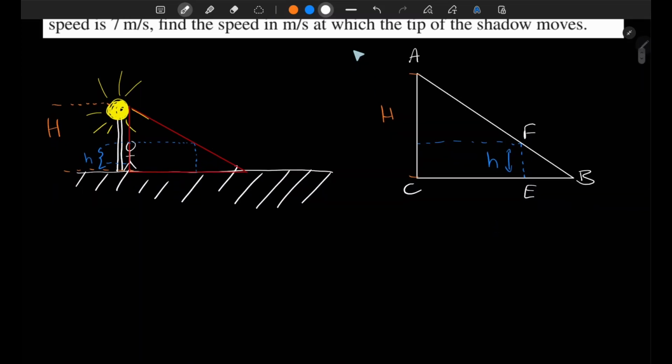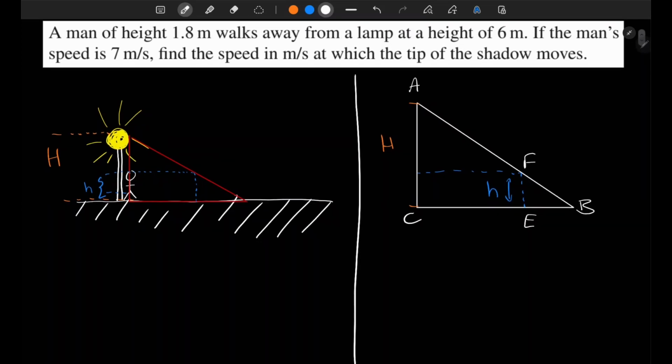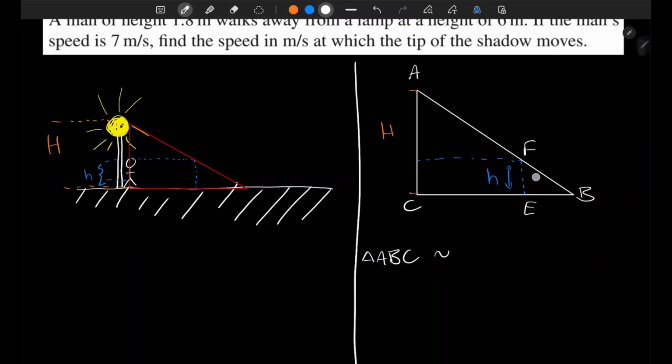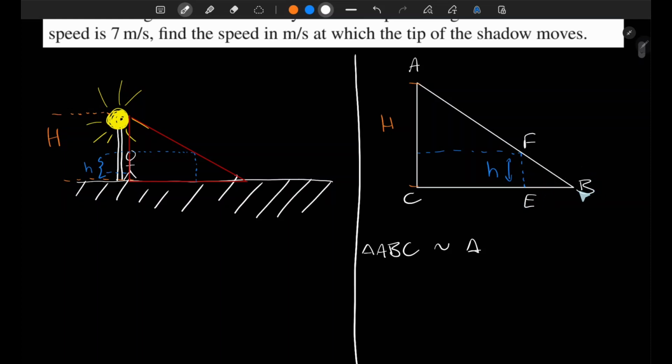So what we find is, because of the construction of this triangle, you may remember from high school geometry that the triangle ABC is similar to the triangle FBE.